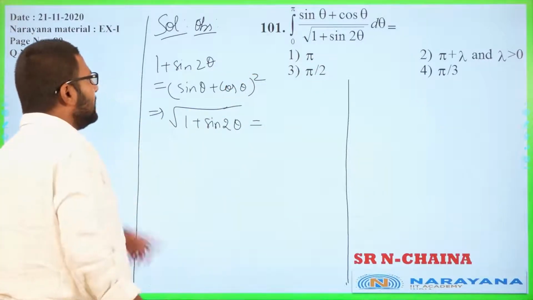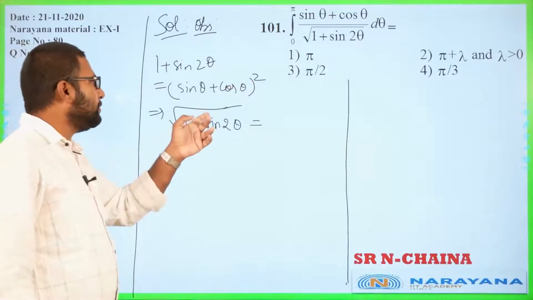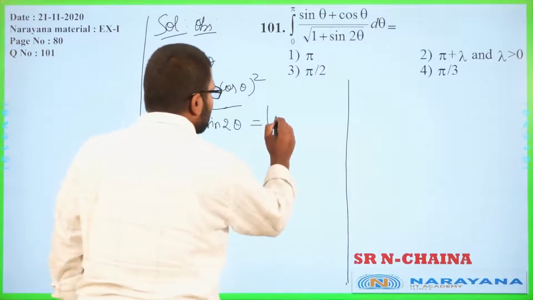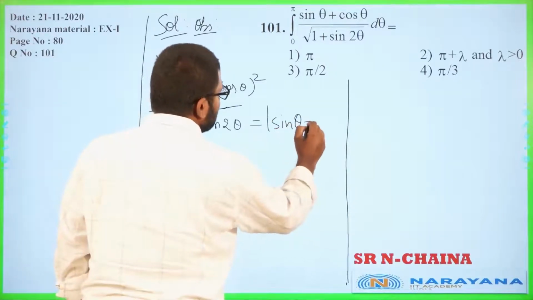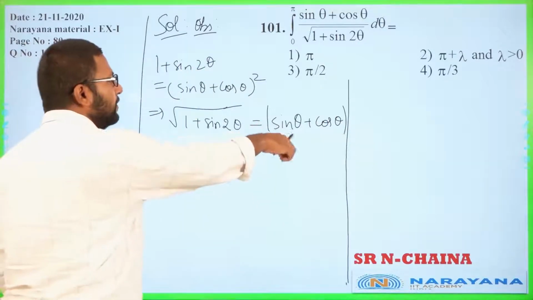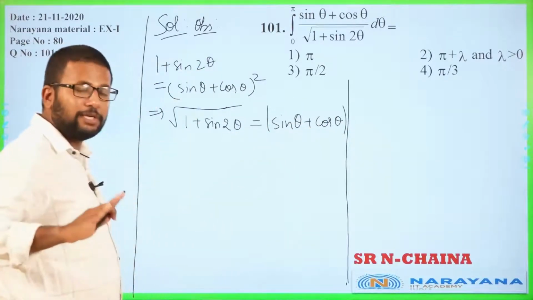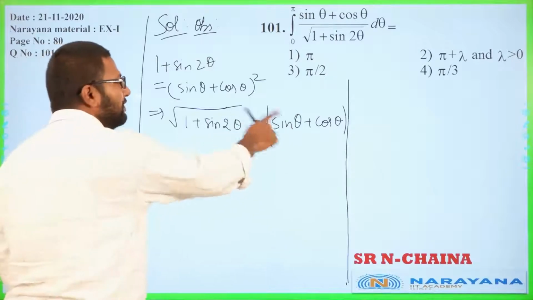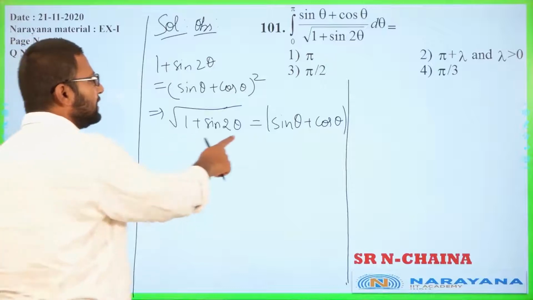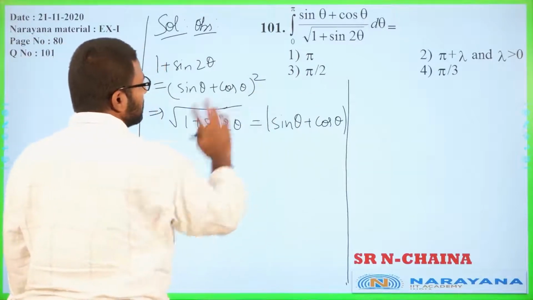Many of you will say, oh, since square is there, when I put square root, 2 will go away. No, it's not as simple as that. You have to add a mod there, sin theta plus cos theta. Why do I have to mod? Because we want a final positive value, and this expression is not always positive. Sometimes it can be negative also, but we want a positive answer, so we put a mod there. So root 1 plus sin 2 theta is mod sin theta plus cos theta.